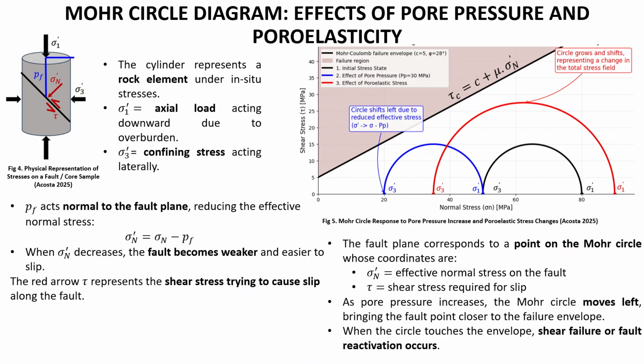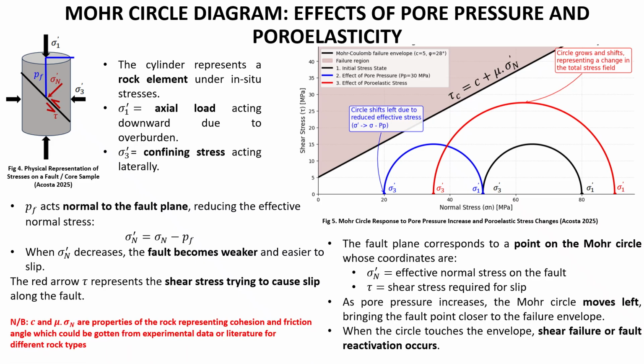When the Mohr circle touches that envelope, the rock has reached its shear strength and fault reactivation occurs. Similarly, when we see in our reservoir simulation results that some of those Mohr circles approach that Mohr-Coulomb failure envelope, we know that the rock is about to fail.